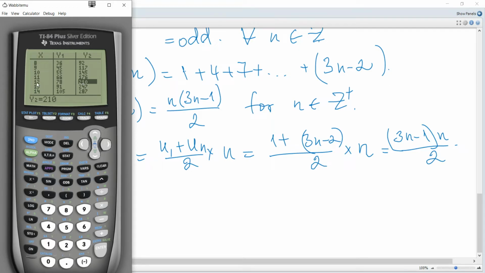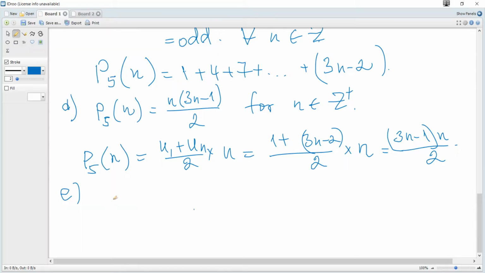It's for n is 12 for the pentagonal number, and it's also for triangular numbers when n is 20. So the first required number is 210.